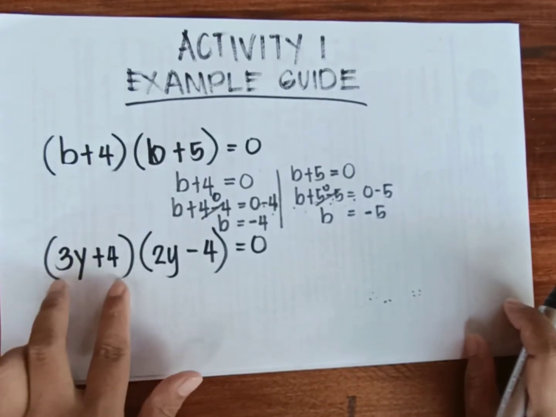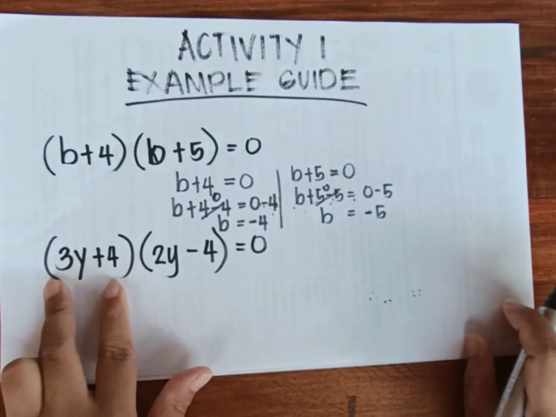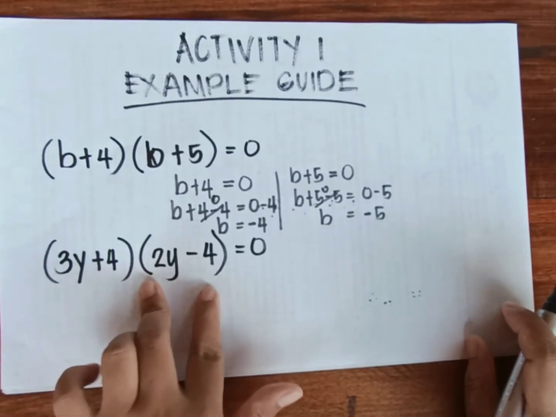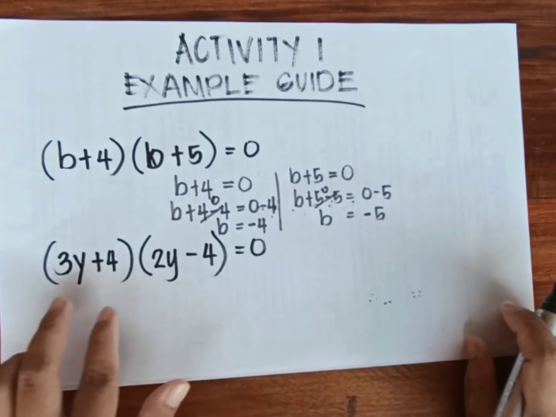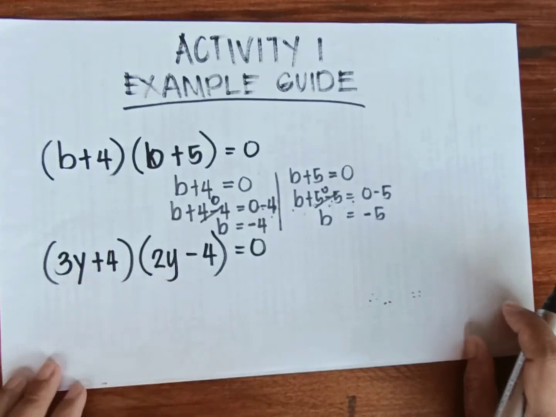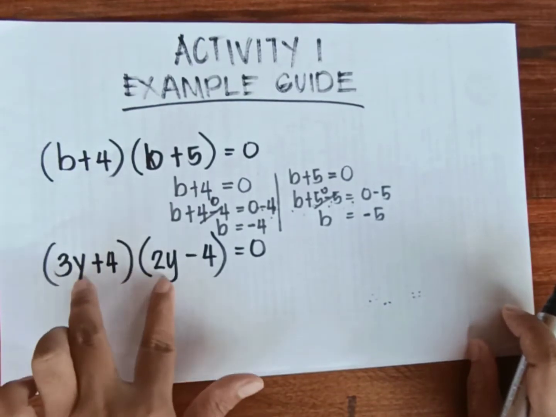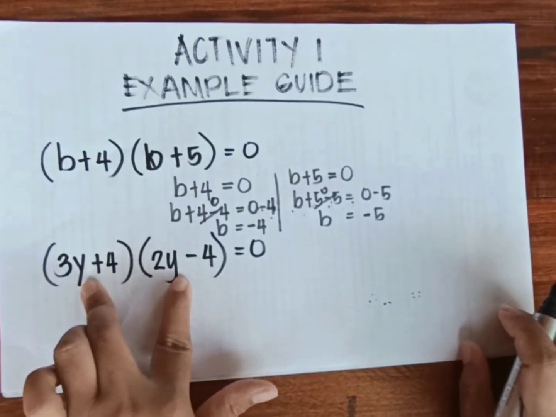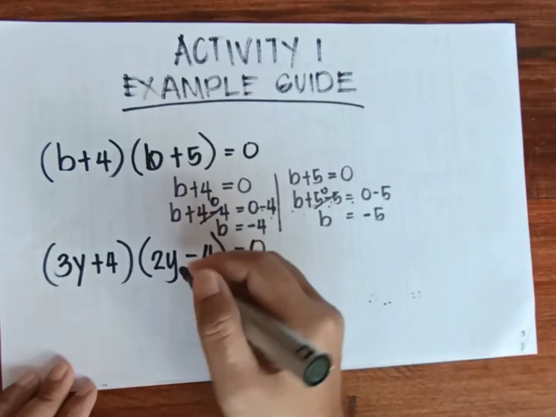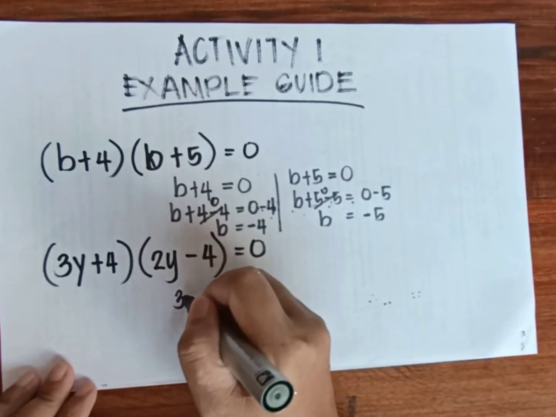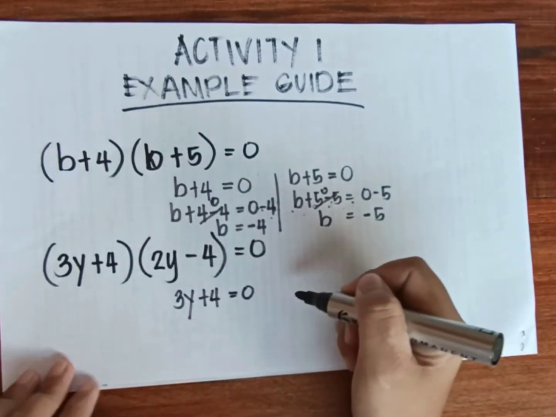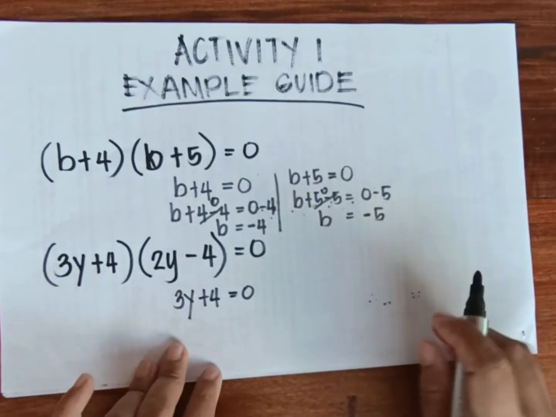Next, example. We have the binomial 3y plus 4 times the binomial 2y minus 4 equals to 0. So, solve for y. This time the variable is y. So, same procedure. Since it is already factored, go to step 3, which is apply the zero product property. So, just copy your first factor, equate to 0, then solve for y. Okay.